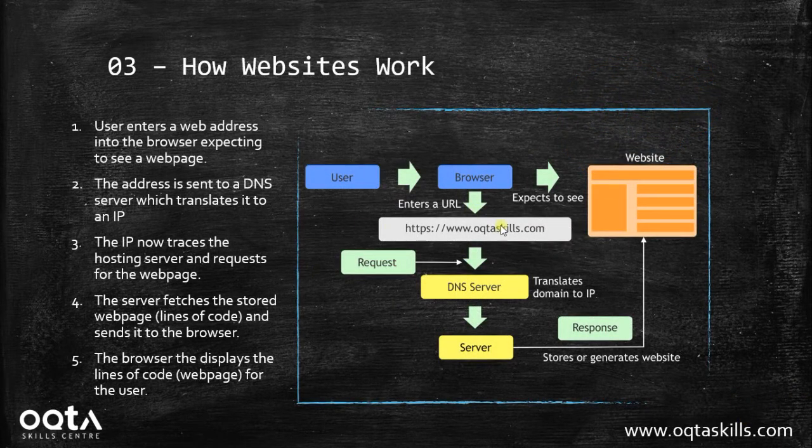So what we have here is a diagram, so let's look at the diagram. We have a user, we have the browser, we have the website, and we have all these things here. So the first one tells us what? The user enters a web address into the browser expecting to see a web page. So when you open your browser, then you open the website, let's say google.com, you are expecting to see a page open with a big bar so that you type, what is the best school in Ghana?